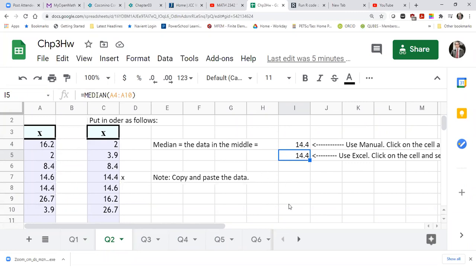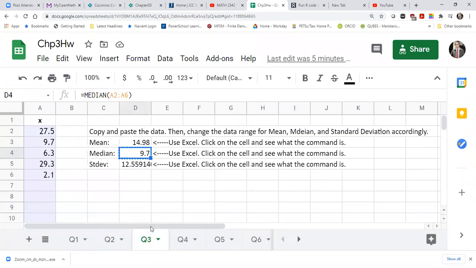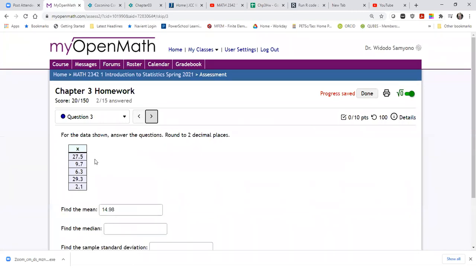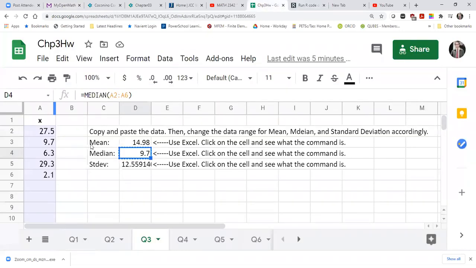Okay. So now go to number 3. Do the same thing. Copy the data from the problem and then paste it to the Google Sheet, right here.